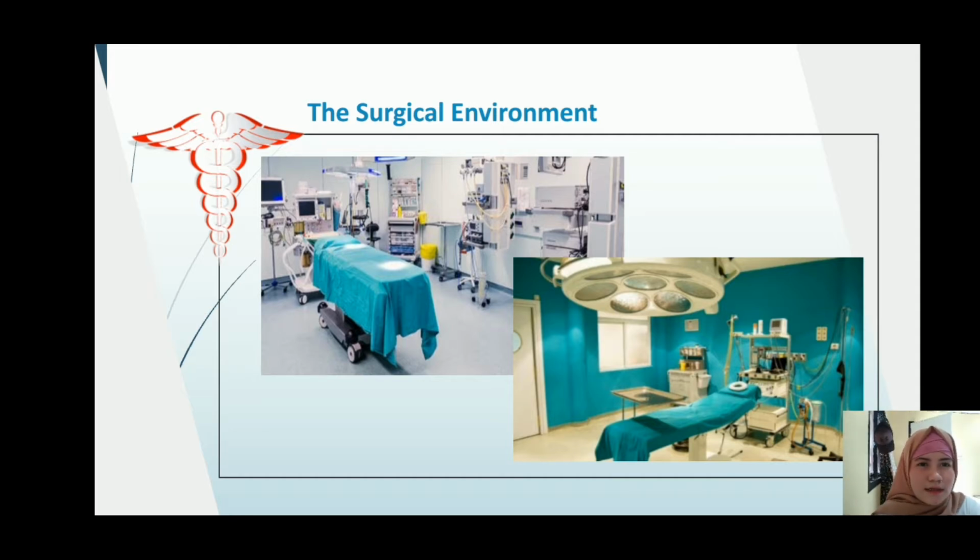Inside the room, which we call the surgical environment, even a minor disturbance in the internal environment of the operating room can have serious effects on the comfort, effectiveness, and safety of staff and patients, including ventilation and climate.